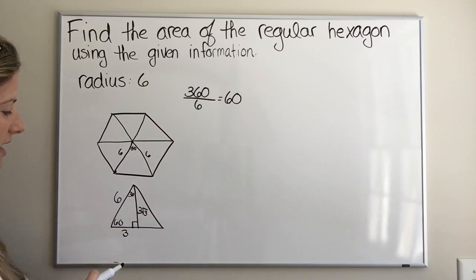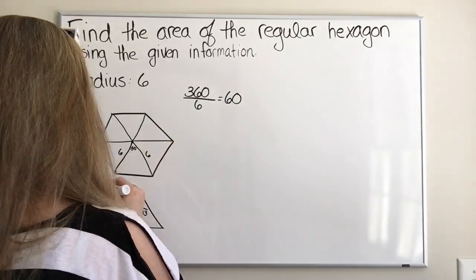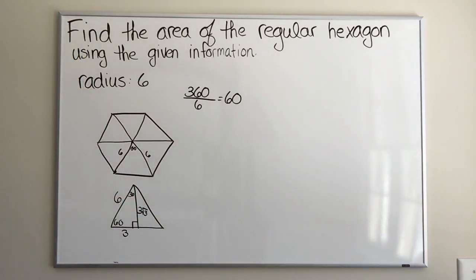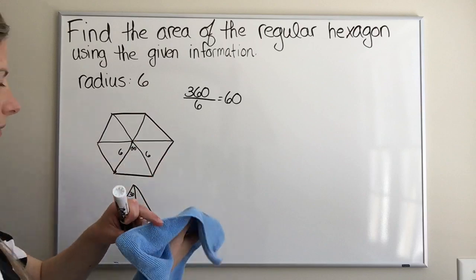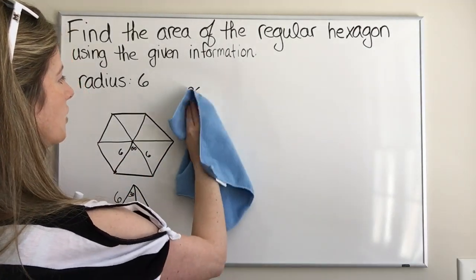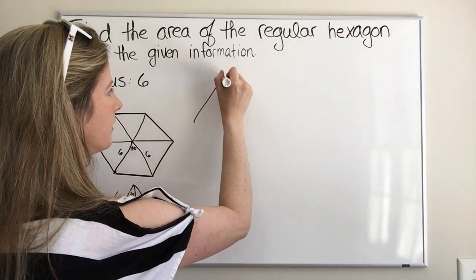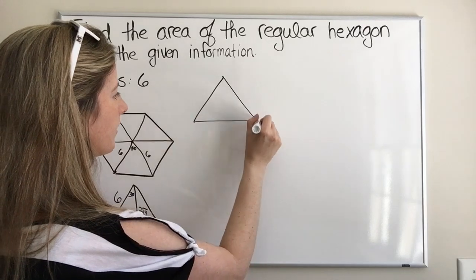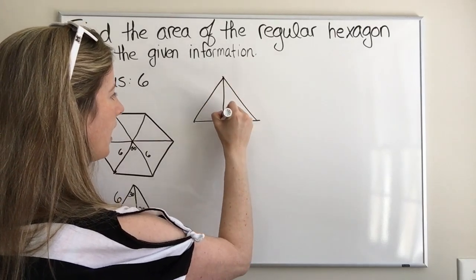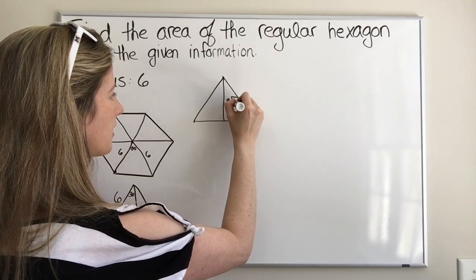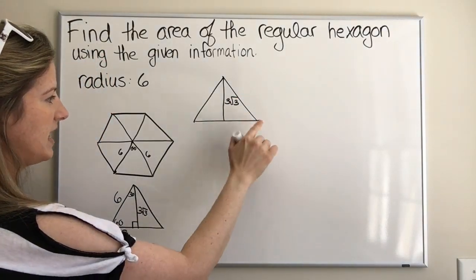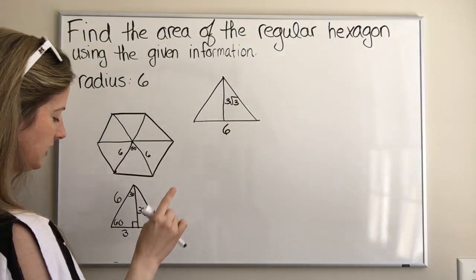So now I am looking at a triangle that has a height of 3 root 3, and a base, it's going to be 6. And the reason I know it's 6 is for 2 reasons.